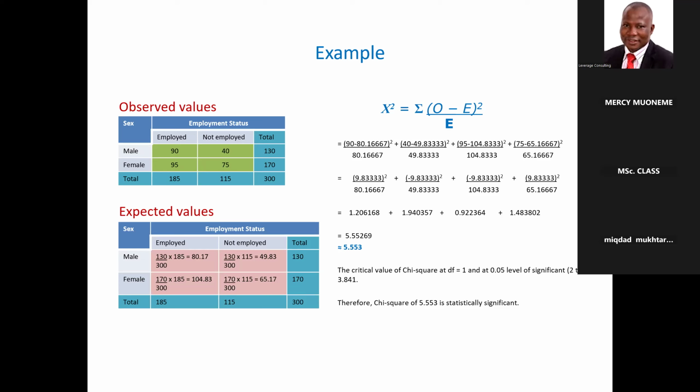If you have 6 cells and the expected value is less than 5 in 1 of them, it's still valid, because that 1 is not 60% but about 17% of the 6 cells.